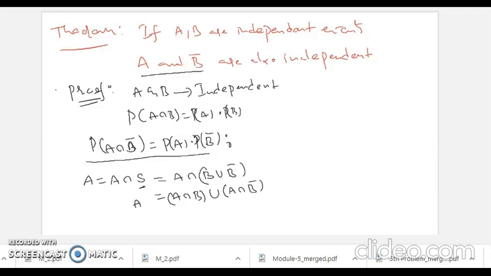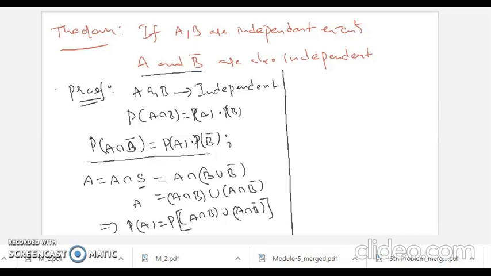Now this is A. So now we apply probability on both sides. P of A is equal to P of A intersection B union A intersection B bar. Here A intersection B and A intersection B bar are mutually exclusive events.